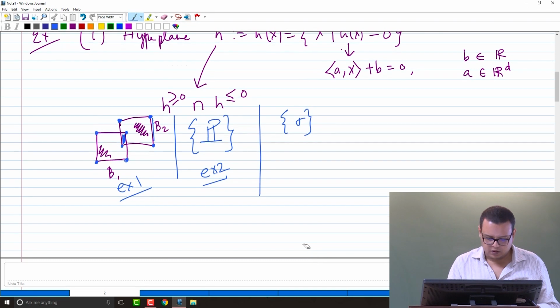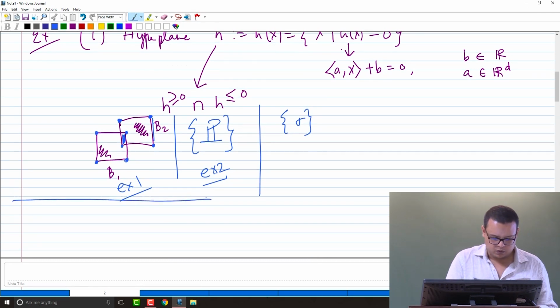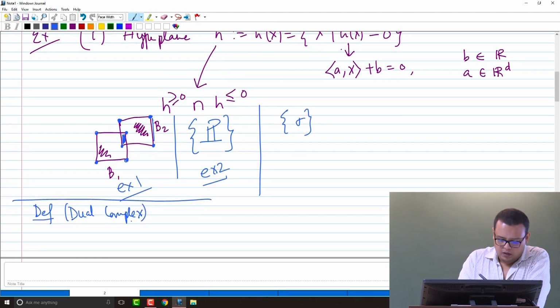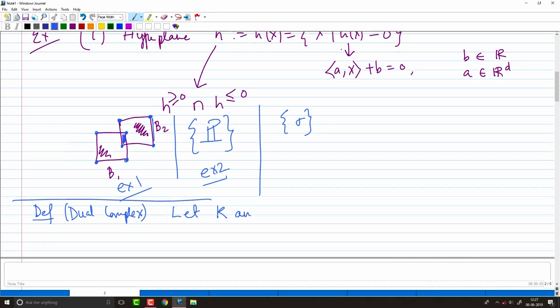Good. So, we need another concept, what is called a dual complex. Let us say K and K prime are d-dimensional cell complexes.